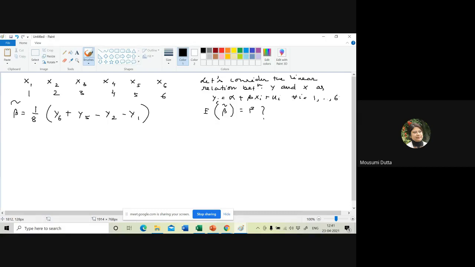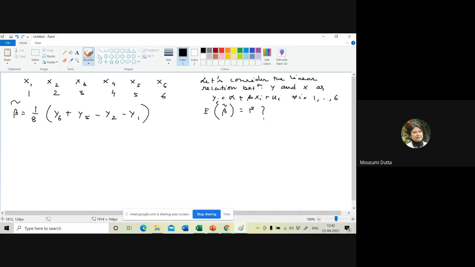So we understand we need to calculate the expectation of beta tilde. As I mentioned, we have properties based on ui, the random error term. Always, if there is y, we have to convert things in such a way that we get the u in our structure.